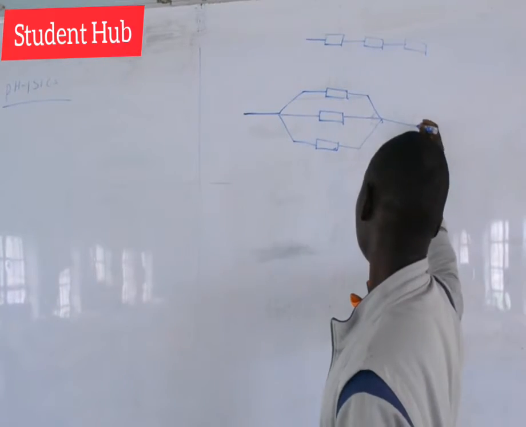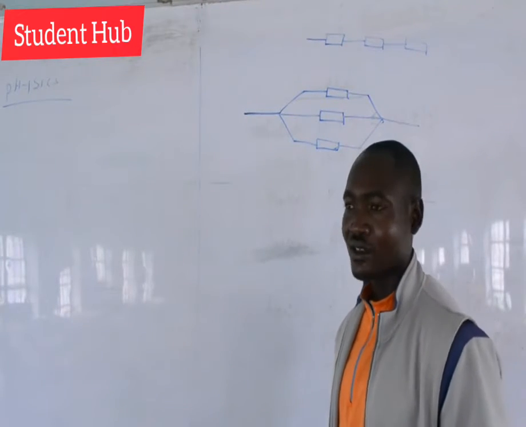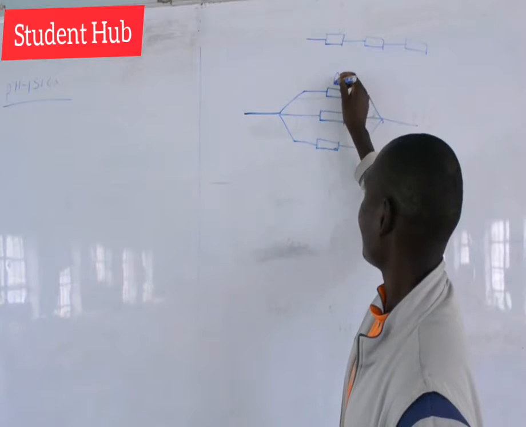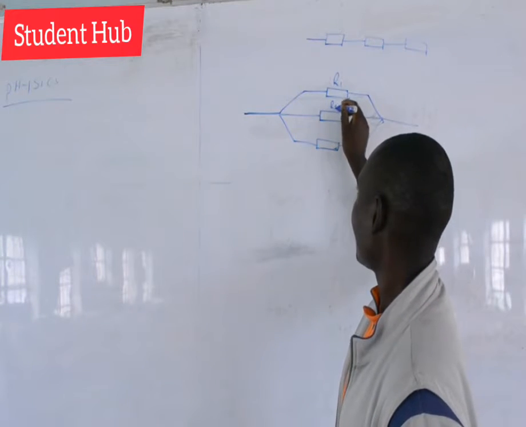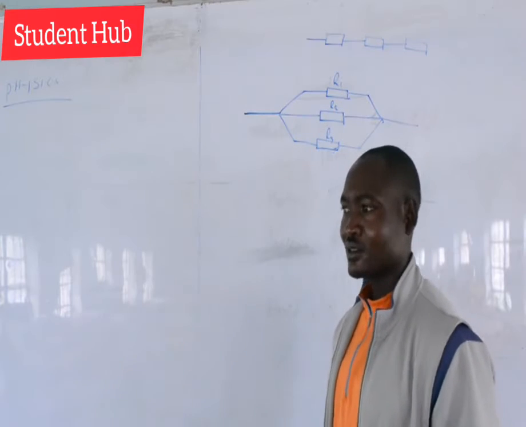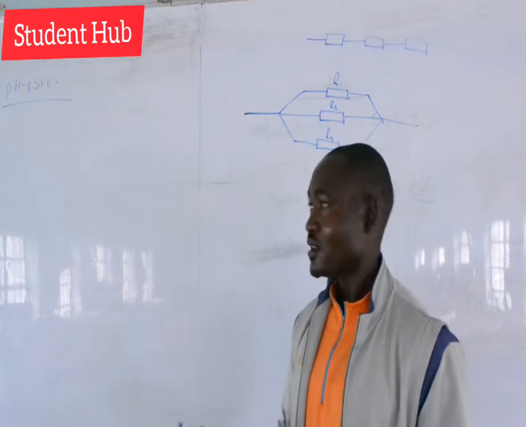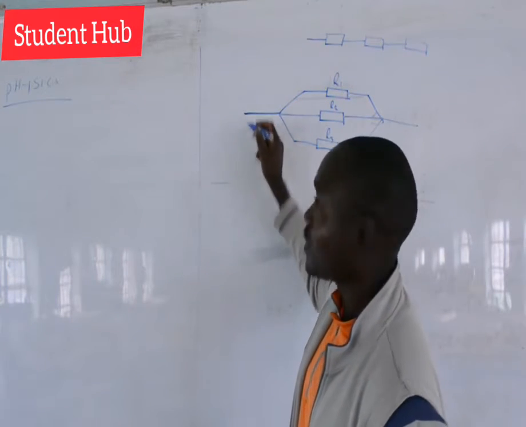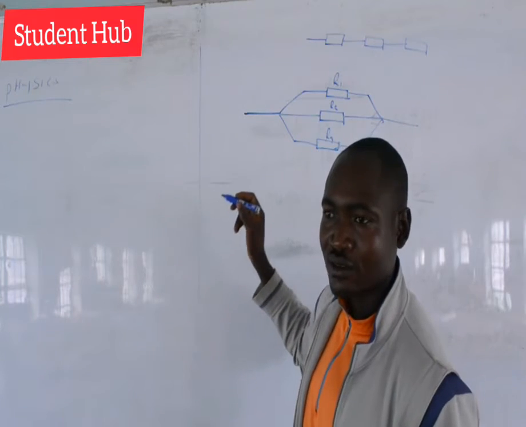So, if we have resistors of this kind, we can say, let this one be R1, this one R2, this one R3. And let's also add a voltage source on the resistors.